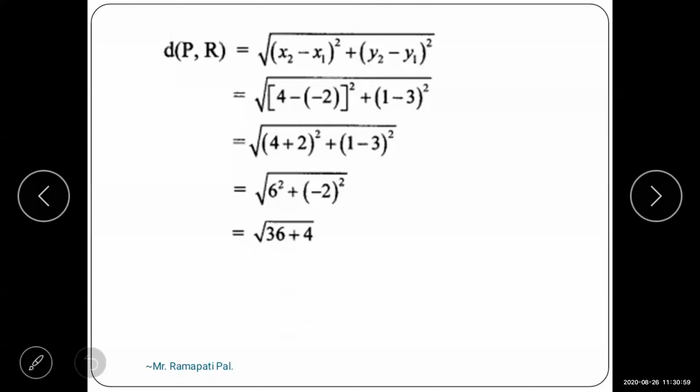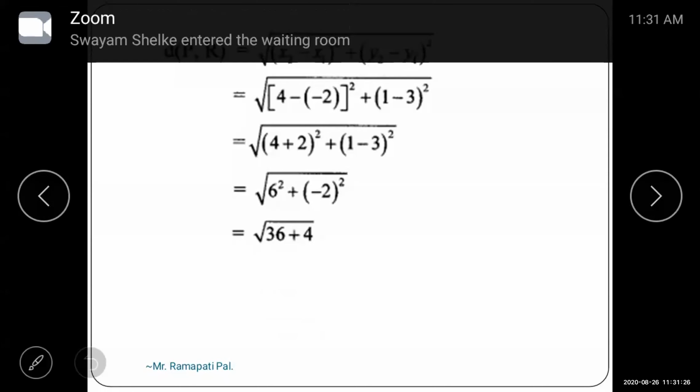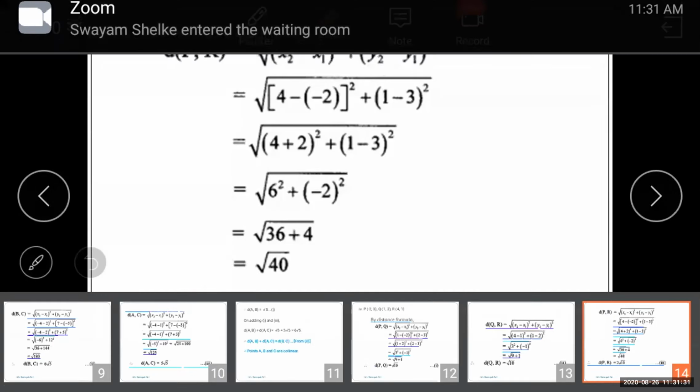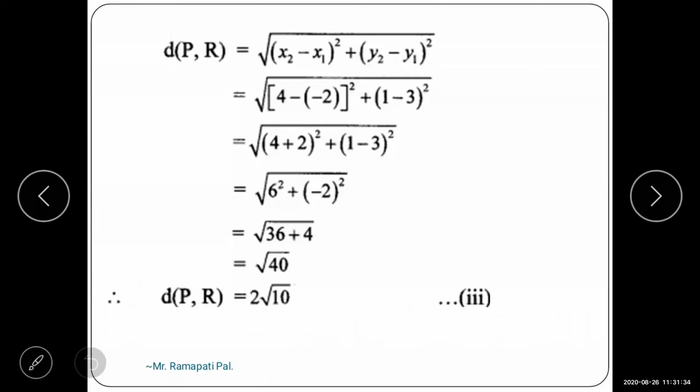Take out the factor of 40. Yes, very good. 10 fours are 40. 4 is a perfect square, so it becomes 2 root 10. So distance PR is equal to 2 root 10.